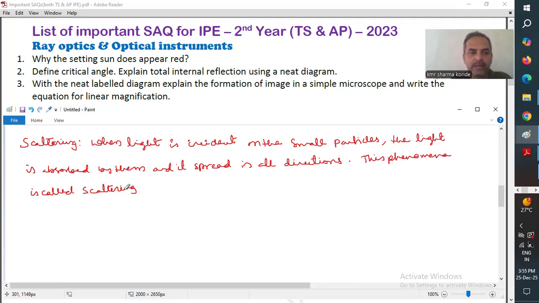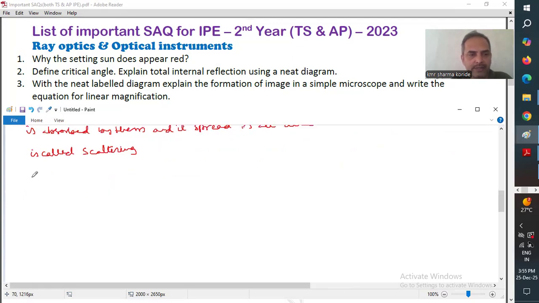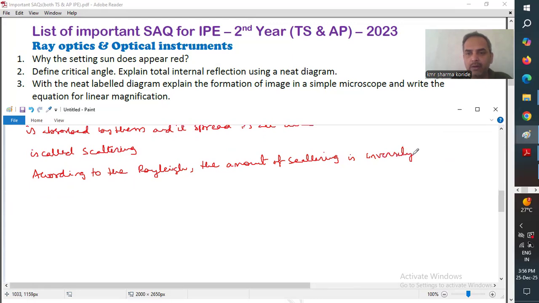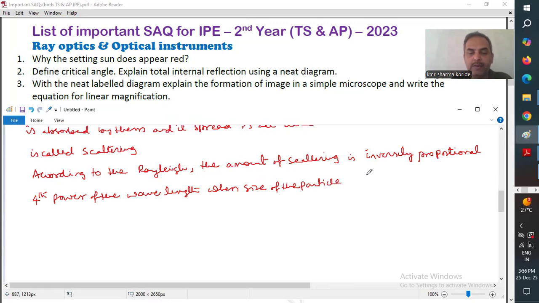Now, according to the scientist Rayleigh, the amount of scattering is inversely proportional to the fourth power of the wavelength, when the size of the particle is much less than the wavelength.